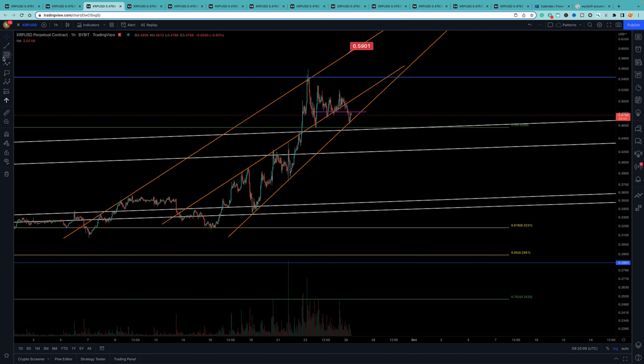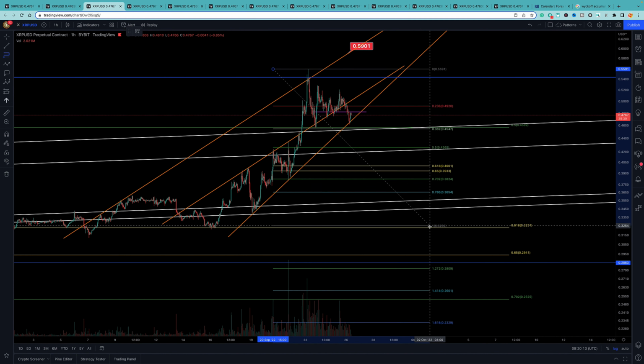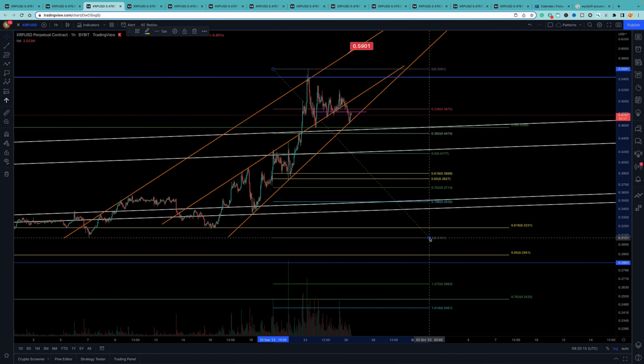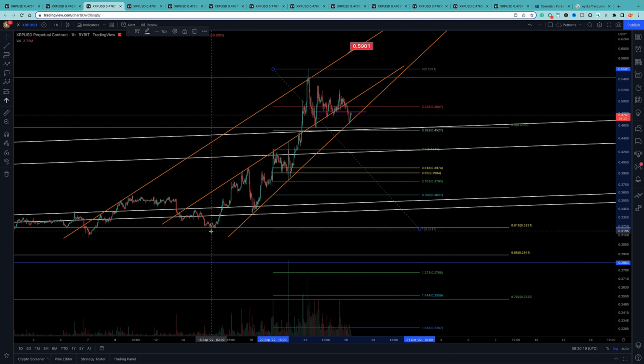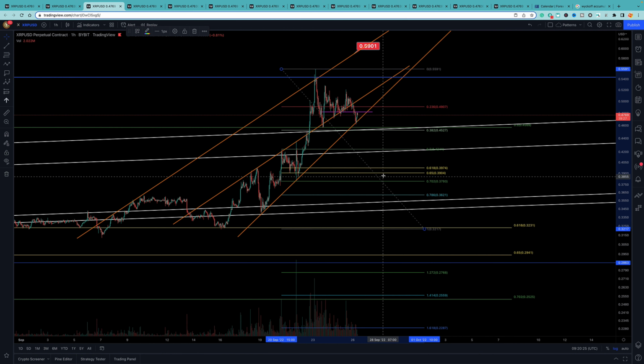And if this is the top, the correction for this would be around, sorry, there's the bottom there, 1, 2. The correction for this would be around, let's say the golden pocket from 39.74 to 36.23.